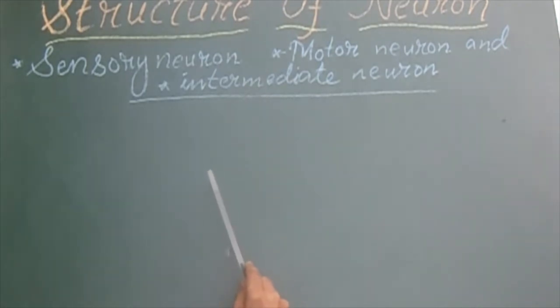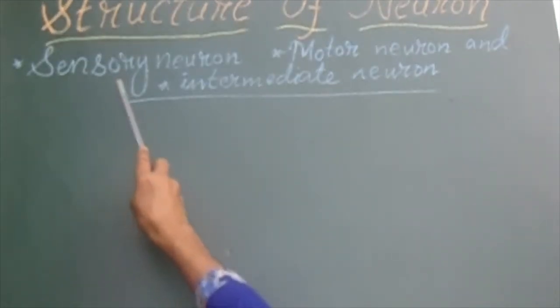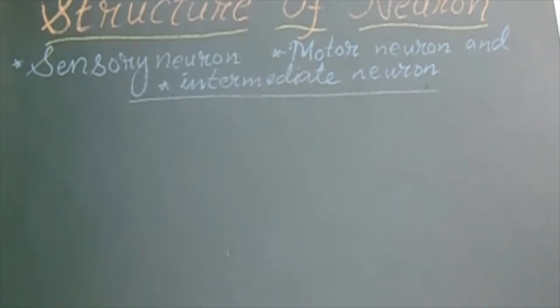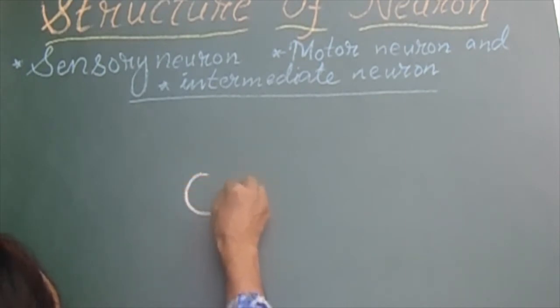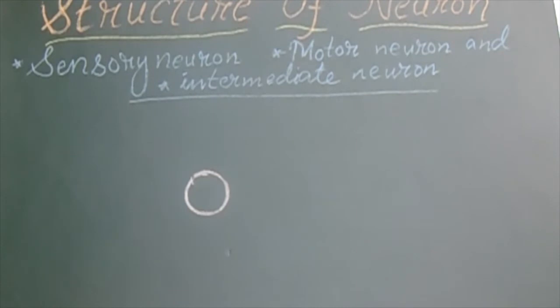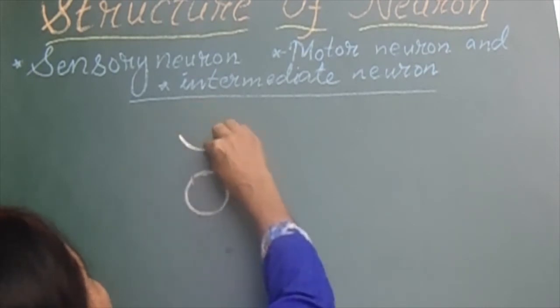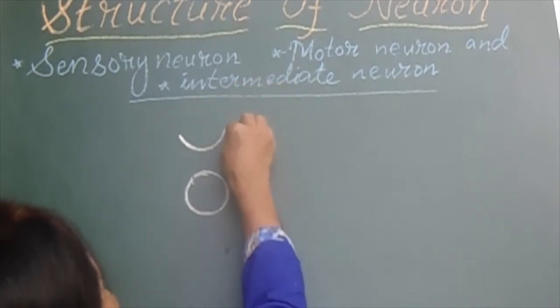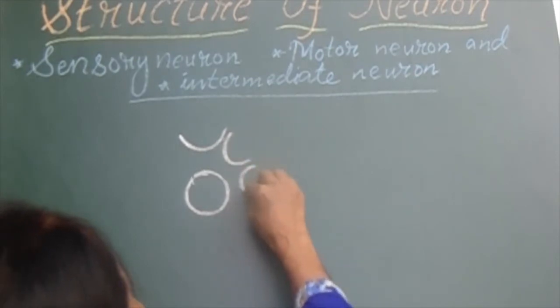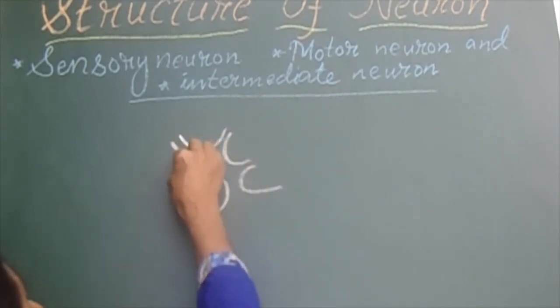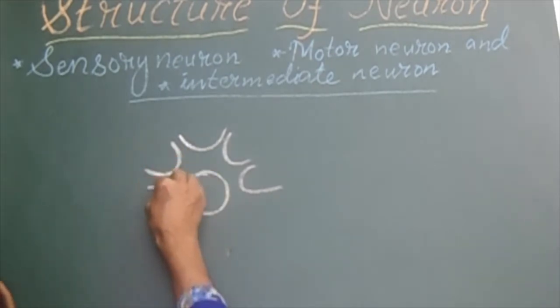Now we will be learning to draw the structure of sensory neuron. To draw the structure of sensory neuron, first you have to draw a ball-like structure or a circle. Just think it football. Then we will be drawing curve like C, opposite C. Very easily you can draw.